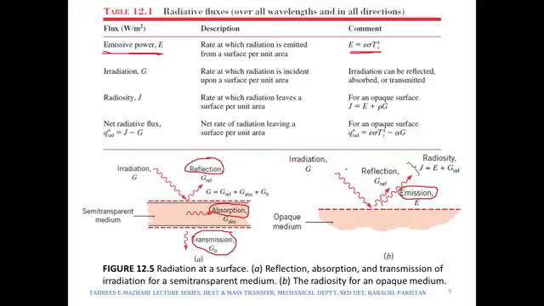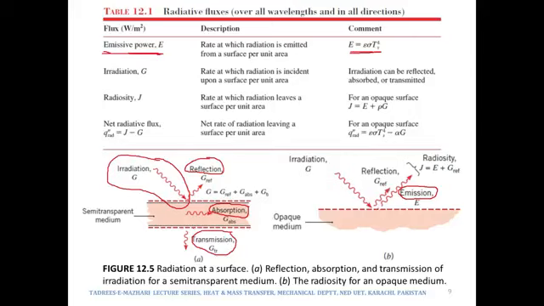Now if there is a certain radiation falling on a surface, as was taking place over here, a part of it may get absorbed, a part of it may get transmitted, and a part of it may get reflected. Now our focus is on reflection. Depending upon the reflectivity, a certain portion of the incident radiation will get reflected.